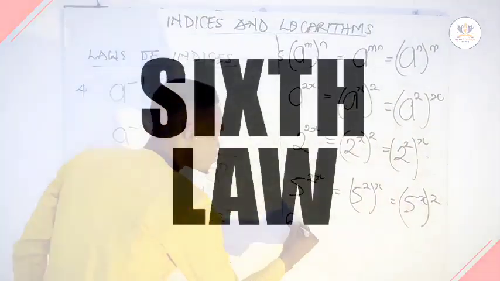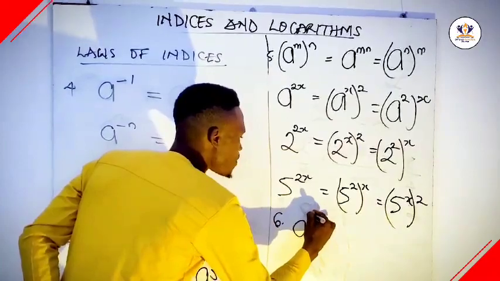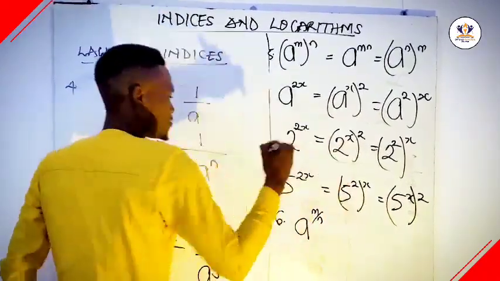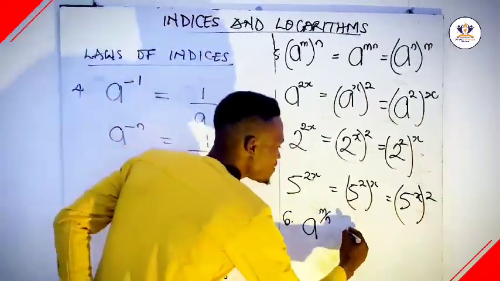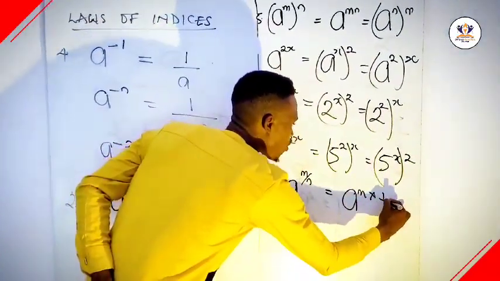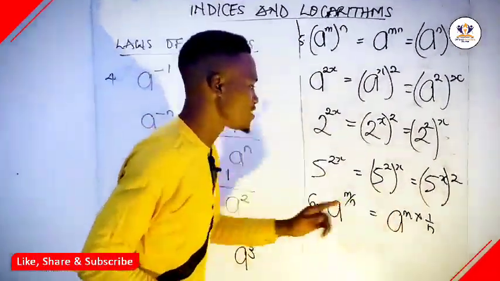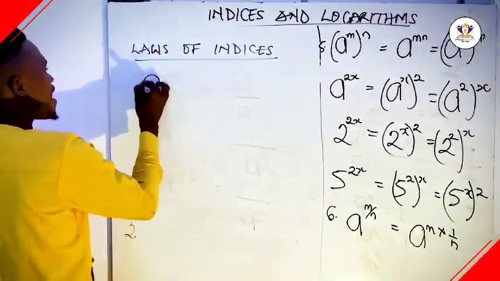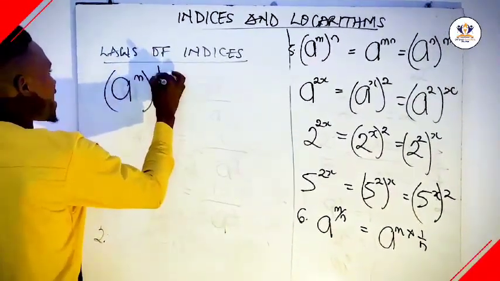Now let's go to number 6. Number 6 is talking about a raised to the power m all over n. I can rewrite this one as a raised to the power m times 1 all over n. That's it. So now, a raised to the power m, everything raised to the power 1 over n.